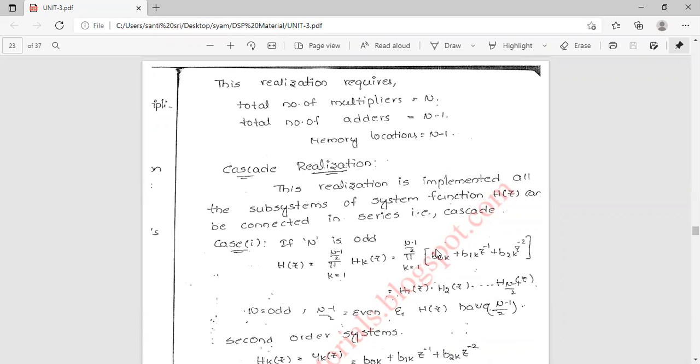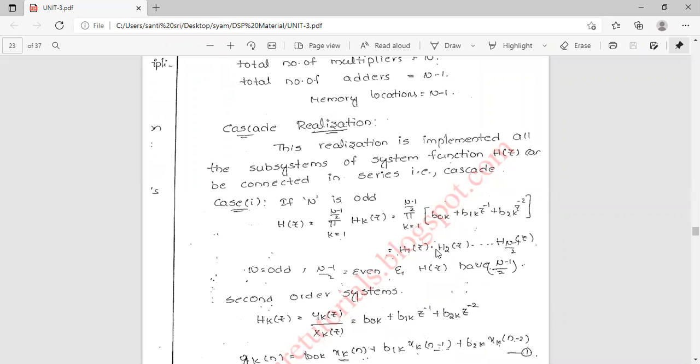So here we'll derive this cascade realization like this. First of all, we'll take case one. If n is odd, then the response h of z will be obtained as the product over k from 1 to n minus 1 by 2 of hk of z, where hk of z is b naught k plus b1 k into z power minus 1 plus b2 k into z power minus 2, like that.